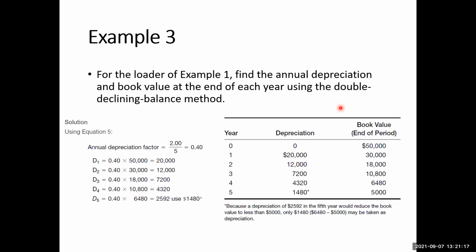Okay. And one more question. What will happen in the 6th year? Because we are only making the financial analysis for the 5-year period, in the 6th year we will assume that we have already disposed of that equipment.